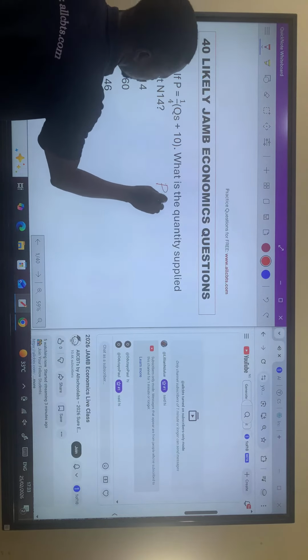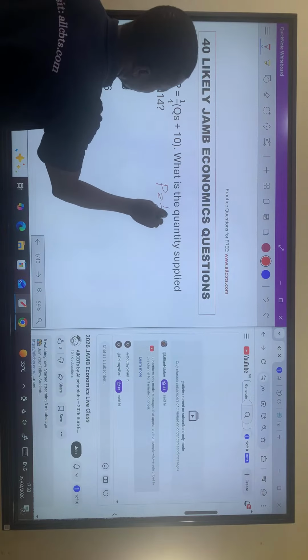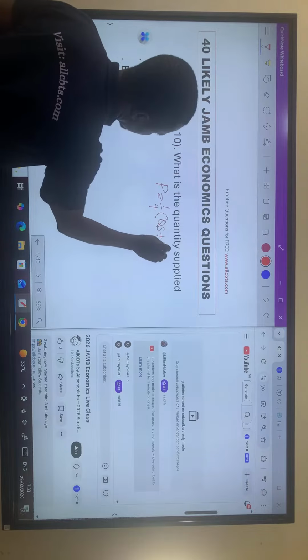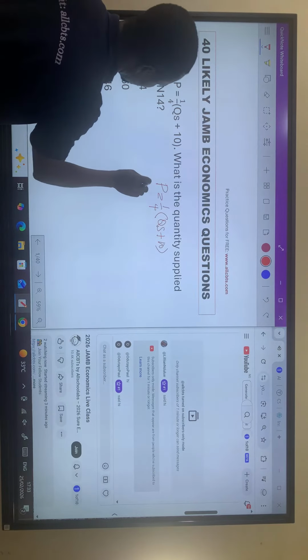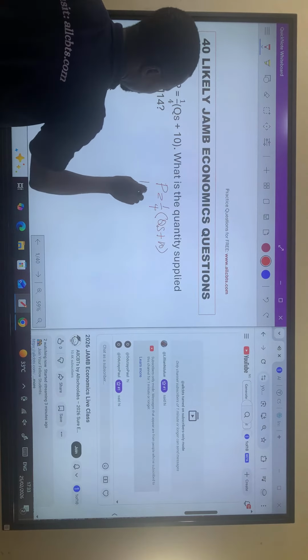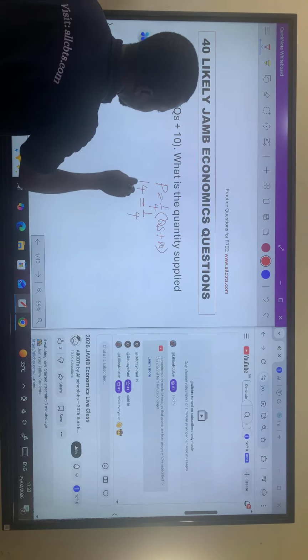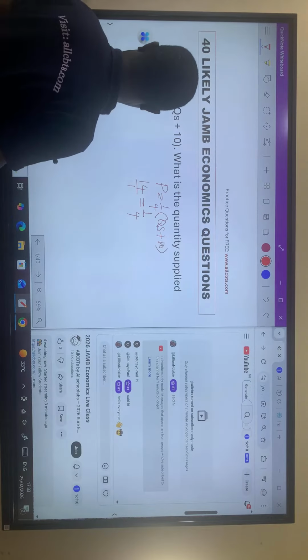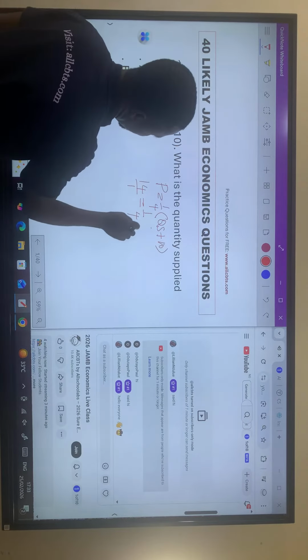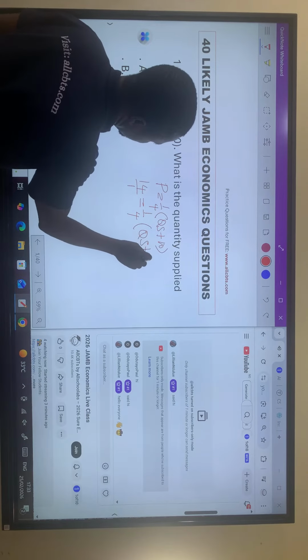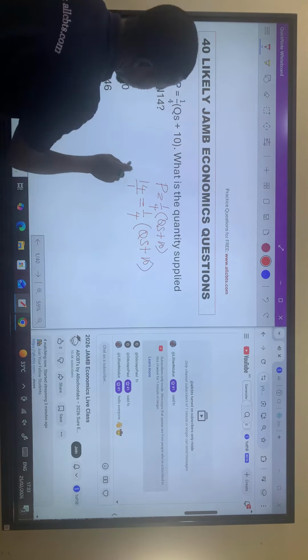P equals 1 over 4 bracket QS plus 10. P is given to us as 14. So 14 over 1 equals 1 over 4 bracket QS plus 10. So what do you have?